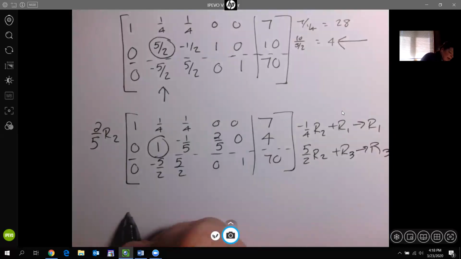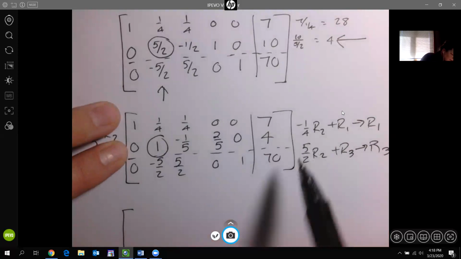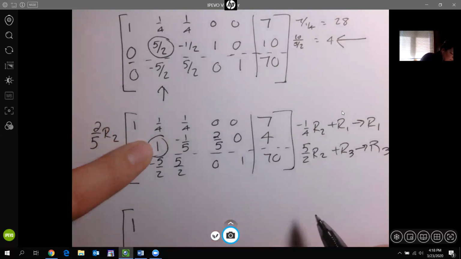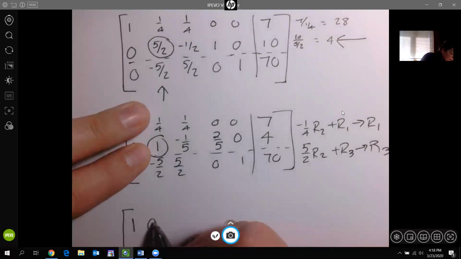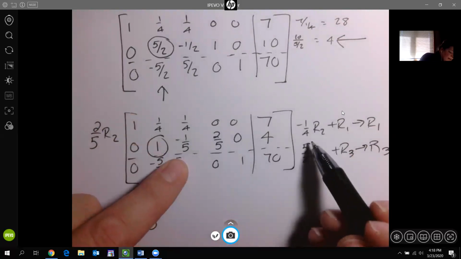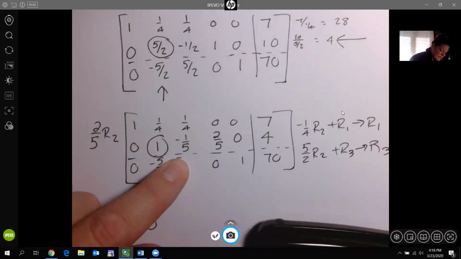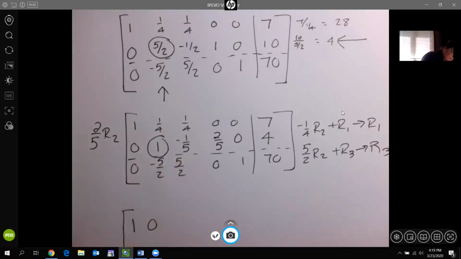All right, so I'm going to do that step, and I'm going to write in my answers here. So 1/4 times 0 plus 1 is 1. Negative 1/4 times 1 plus 1/4 is 0. Negative 1/4 times 1/5 is 1/20th. 1/20th plus 1/4 is going to give me 0.3, which is 3/10.